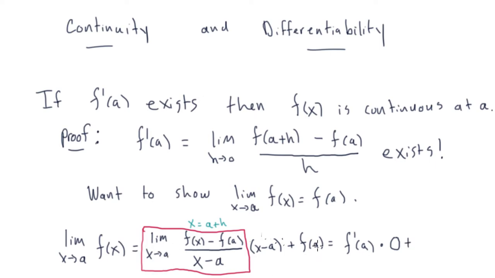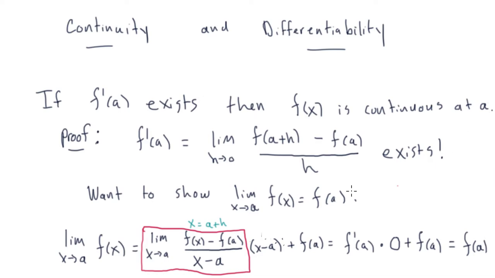And then the limit of the constant f of a is just f of a. But this is a number times 0, which is 0, plus f of a. So all in all, we have f of a. So the limit as x approaches a of f of x is just f of a.